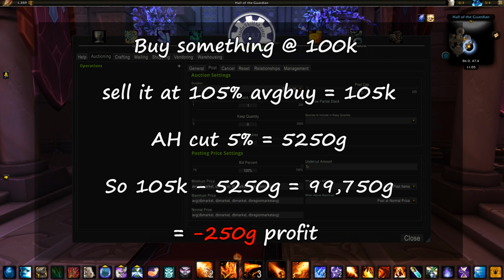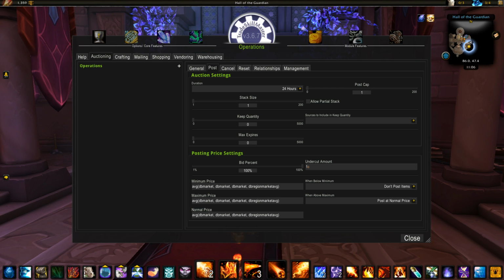So if you take your 105,000 gold, you subtract off your auction house cut of 5,250, that's going to leave you with an overall price of 99,750 gold. So that means that you're actually going to lose gold if you ever sell anything at 105% of your average buy price or 105% of your crafting costs. You're going to be losing gold. So 105 is not safe.